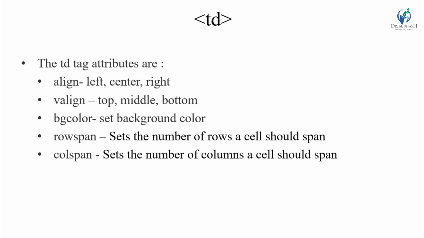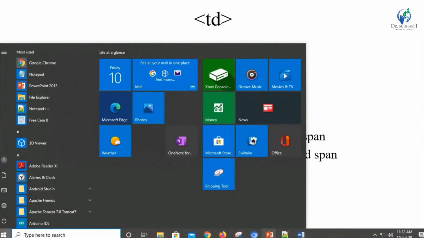If you want to align vertically or horizontally and you want to set the background color specific to your individual td, then we are going to use this attribute on that particular td. Now the next two additional attributes are rowspan and colspan, which are used to create irregular tables, which we will see later on. First we will see the basic table structure.